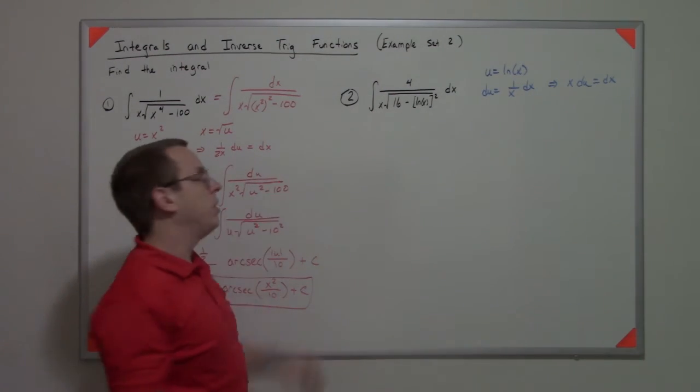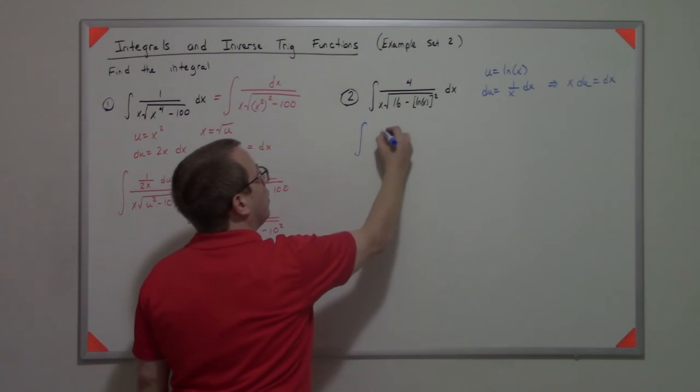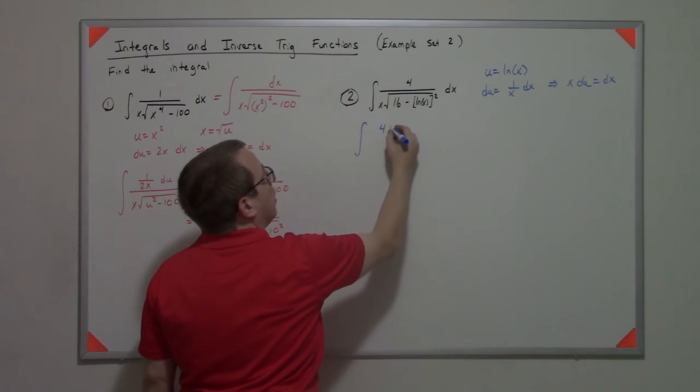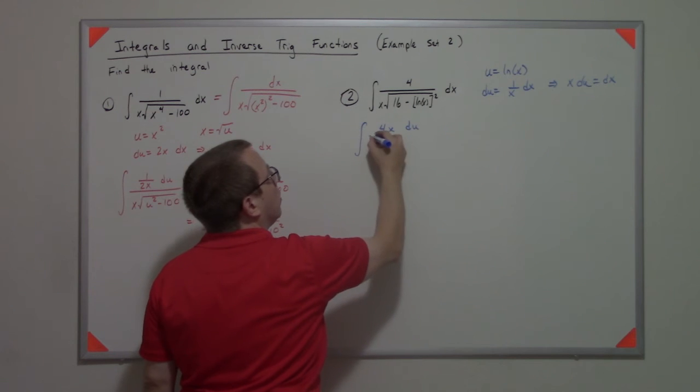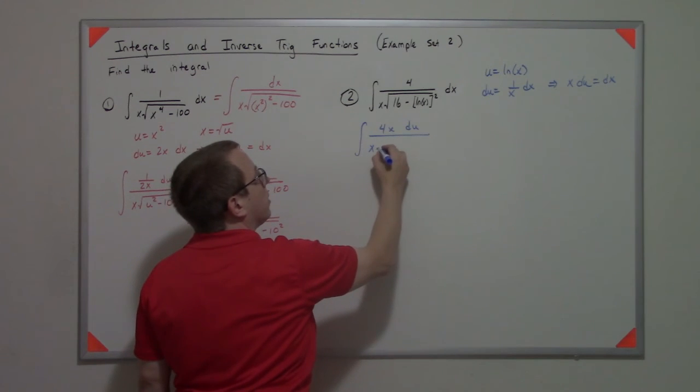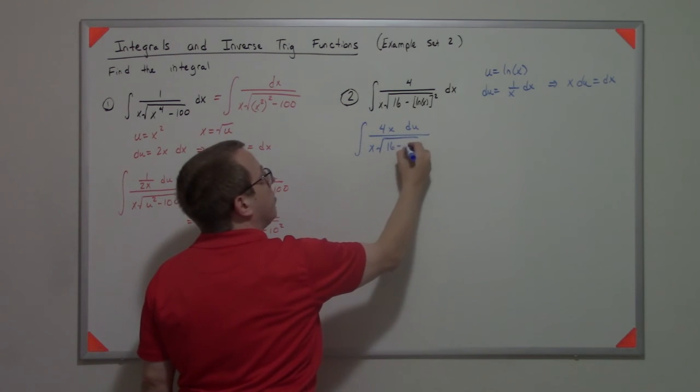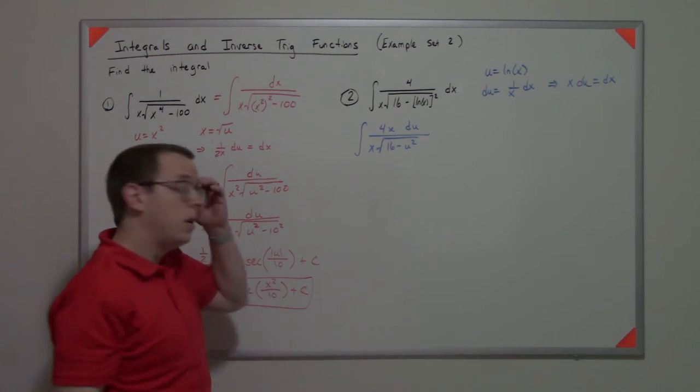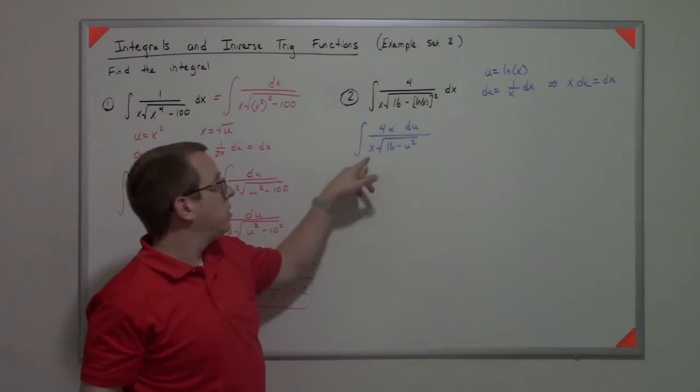So let's start plugging some things in. We get 4x du over x times the square root of 16 minus u squared. Well, that's pretty convenient, right? Those x's are going to cancel.